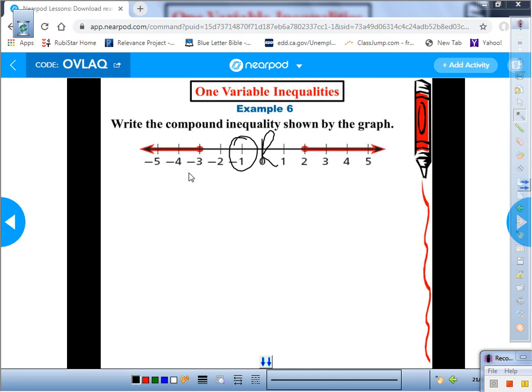All right, next. We need to write an inequality. Let's start one side at a time. Let's start with this side. We need a variable. Which variable do we use? X, and what's my dividing point? -3. Which number that's in the shaded region do you want to use to substitute for X? -4. Okay, I'm going to use -5. Bring down the -3.